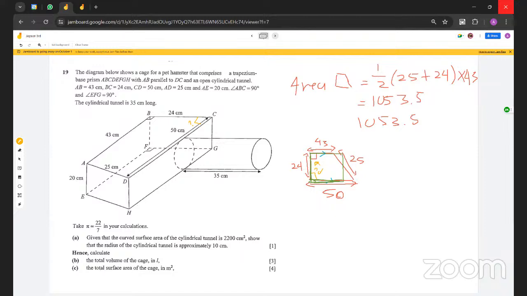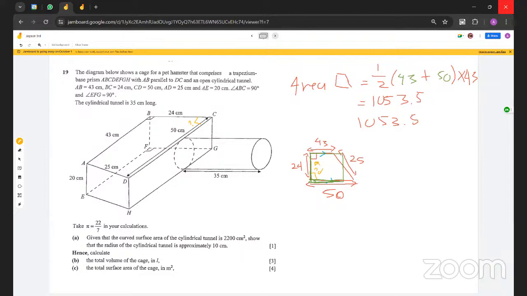Fix the average first. Right, so I agree with your average, okay?